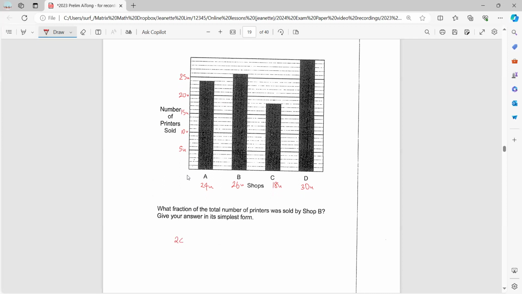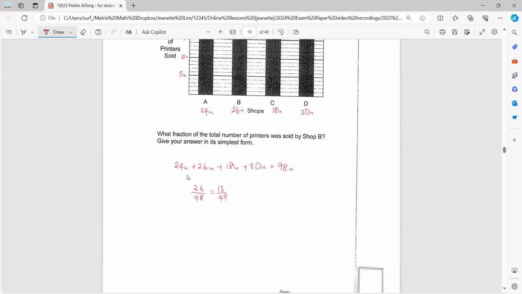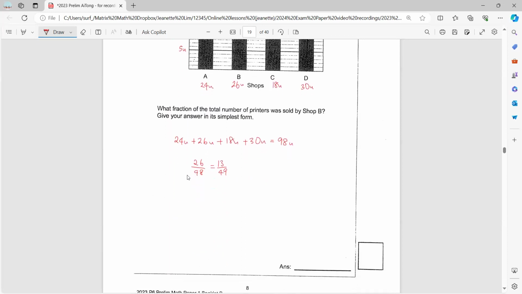So the total will be 24 units plus 26 units plus 18 and 30. This will give us 98 units. Shop B is 26. So 26 out of 98 is what we want. Simplify this, divide by 2. You get 13 over 49. Okay, so this is the answer, 13 over 49.